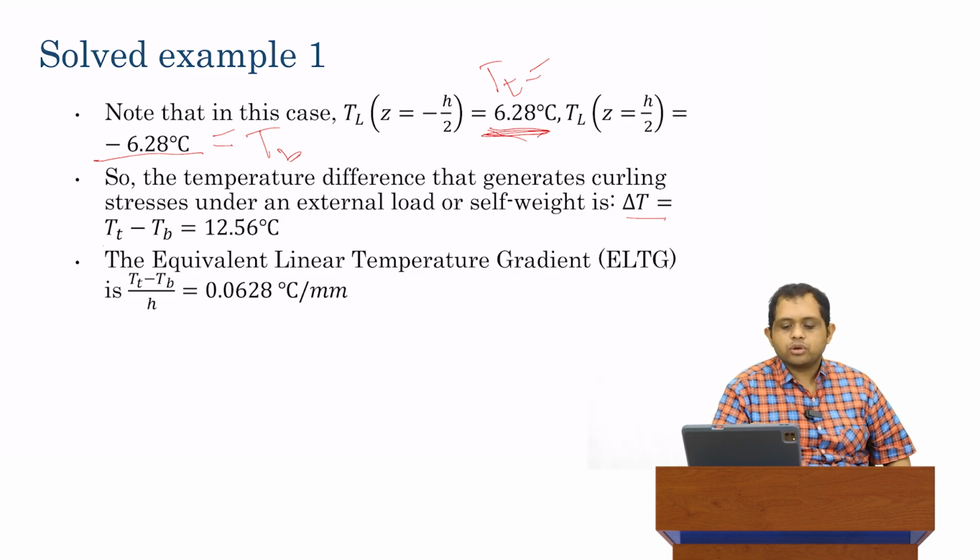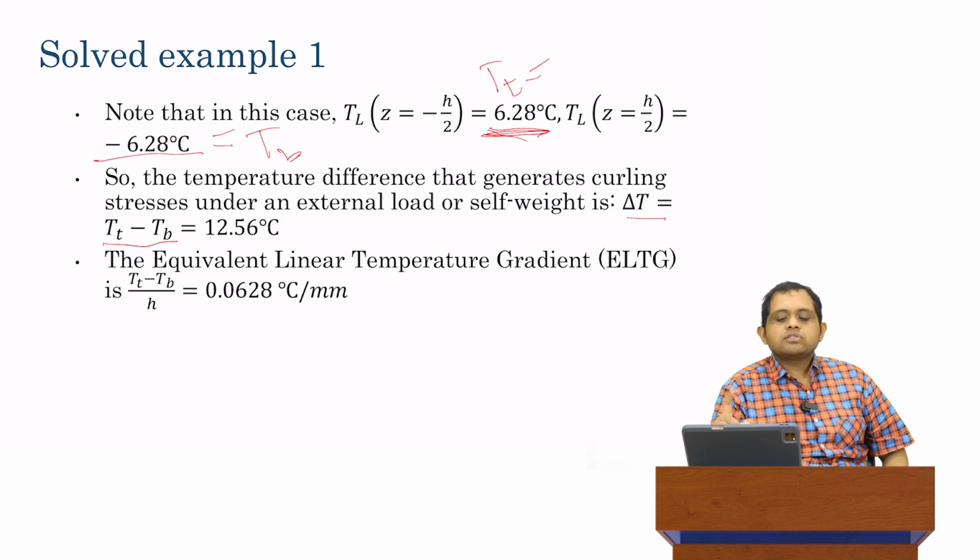Don't confuse yourself when you're looking at these numbers. It is top minus bottom. It is not bottom minus top. In theory, it could be bottom minus top, but by convention, and all the other formulations are also based on this assumption, it is top minus bottom. So in this case, it's 6.28 minus of minus 6.28, so that becomes plus. Add the two and you get 12.56 degrees Celsius.